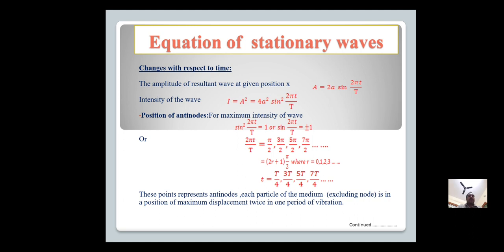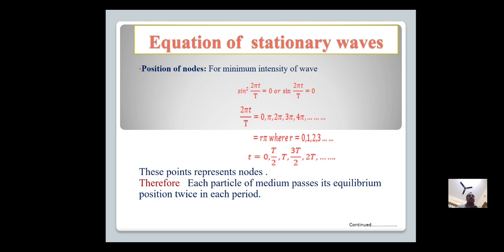So each particle of the medium is in a position of maximum displacement twice in a period of vibration, at the points T by 4 and 3T by 4. If we have to find out the position of nodes for minimum intensity of the wave, sine squared 2 pi t upon capital T should be equal to 0, or sine 2 pi t upon capital T equal to 0.